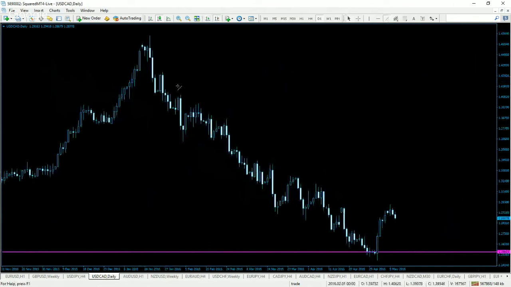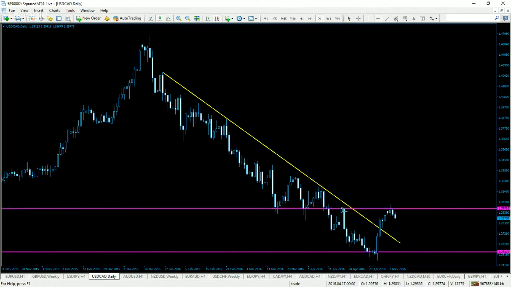Now we've recently just broken out of the bearish trend line, which has capped price recently. Okay, you can see we had 4 solid touches of that level. We've recently broken out above it, and we've currently stalled at a really key resistance point for the dollar CAD.